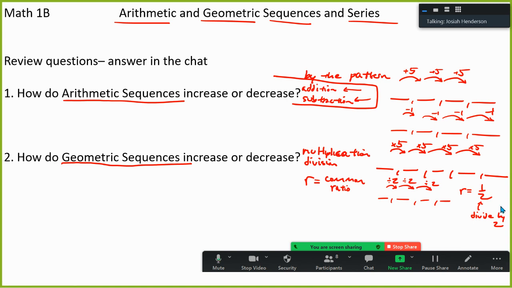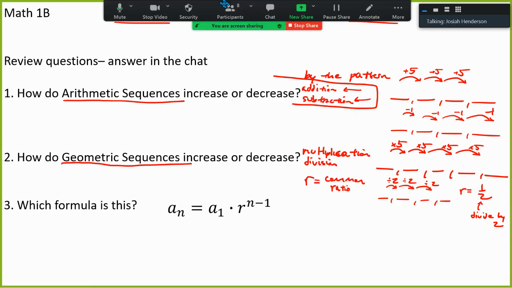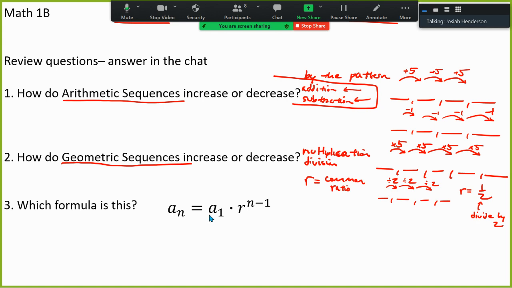Okay, and then I wanted to quiz you really quick on some of the formulas that we've used this week. So here's a formula. Which formula is this? Is this the geometric or arithmetic? And is it sequence or is it series? We had 4 formulas from this week, so it could be one of those 4.